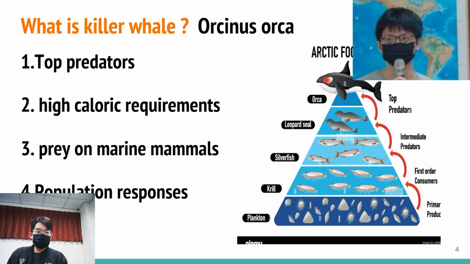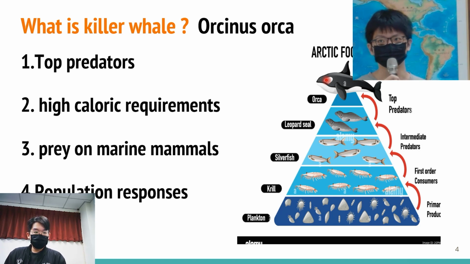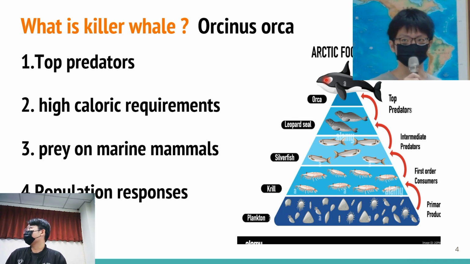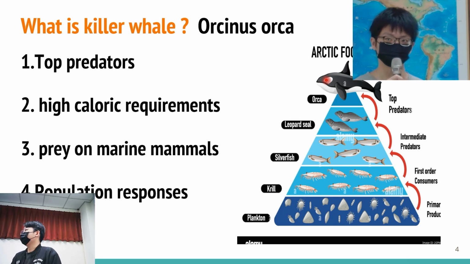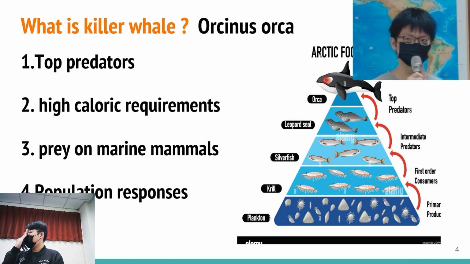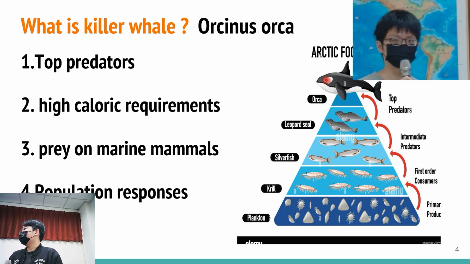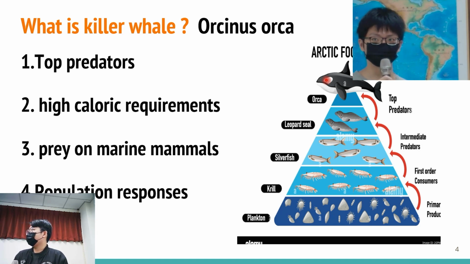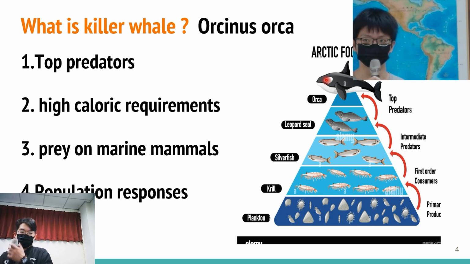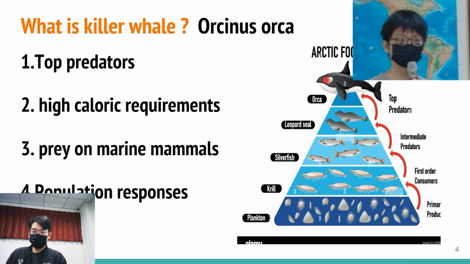I guess this page wants to tell us that the killer whale is the top predator, so the number of killer whales will reflect the number of other fish or other members of the ecosystem. So one of the conclusions is that climate change will affect the killer whale number, and the other may be that the number of other fish will change because the killer whale number has dropped a lot.